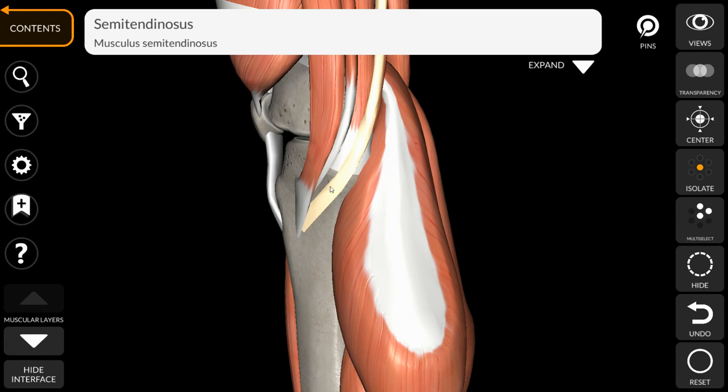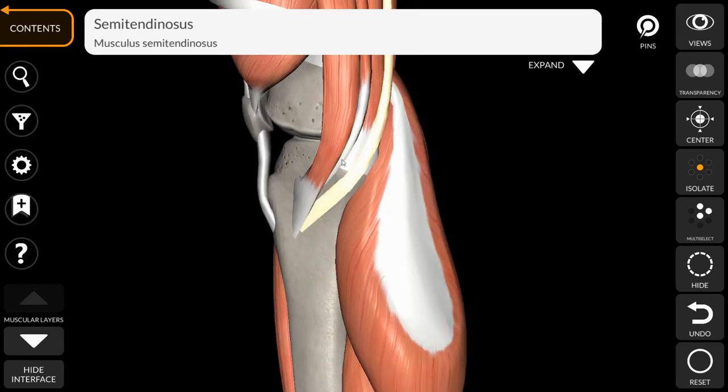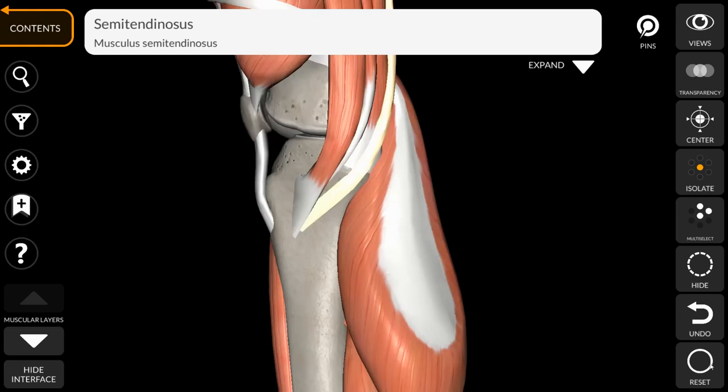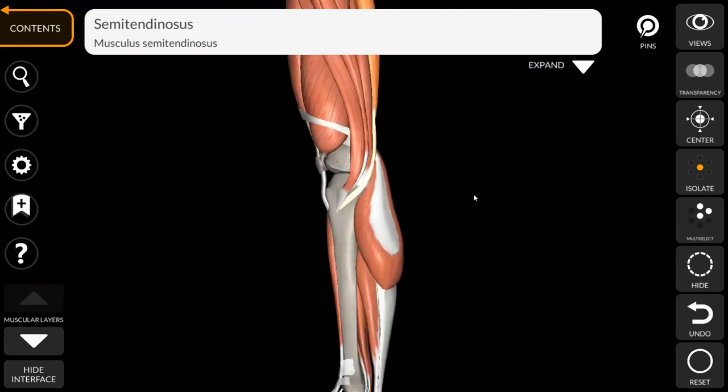These three tendons, even though coming from different origins, somehow insert into the same area. Where? The inferior surface of the medial condyle of the tibia. That's why these three tendons, the conjoint tendon for these three muscles, we collectively call the pes anserinus. Right.